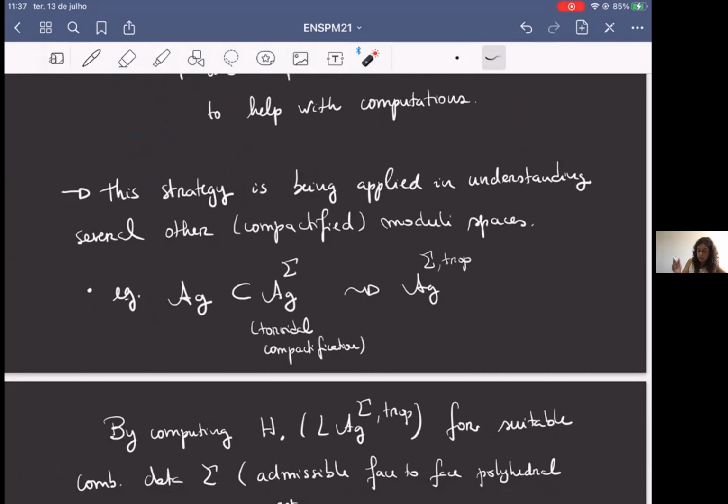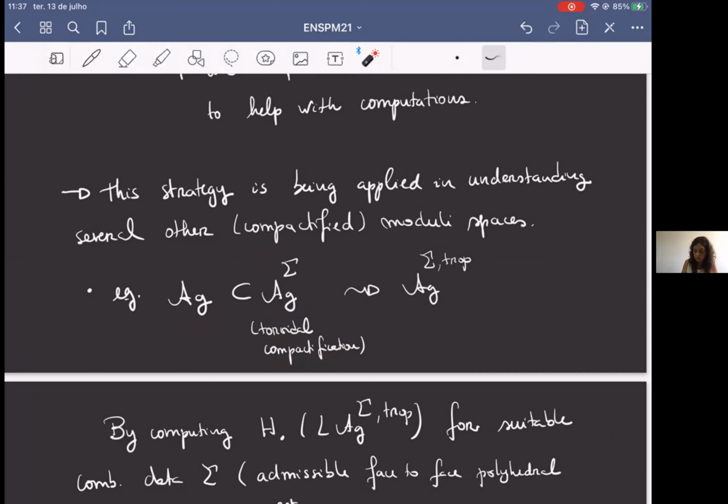So this strategy has been applied to understand other compactified moduli spaces. And one that I did recently is computing this for the moduli space AG that I talked about in the beginning. For this, there's not one canonical compactification as we have for the case of curves. But there are nice enough compactifications called toroidal compactifications of AG.